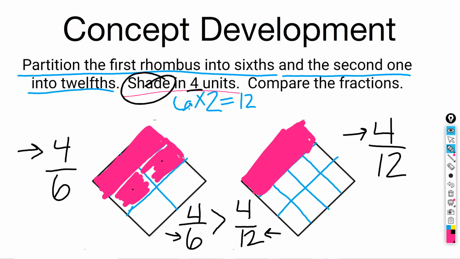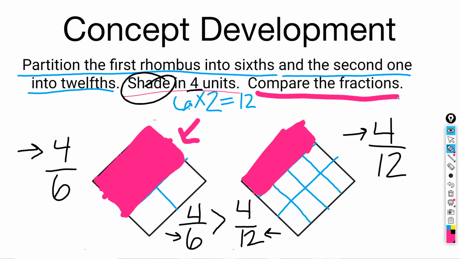But on this one, we also shaded these two. So you can clearly see from our shading that this rhombus has more shaded, so that is the bigger fraction. So 4/6 is greater than 4/12. We compared the fractions.